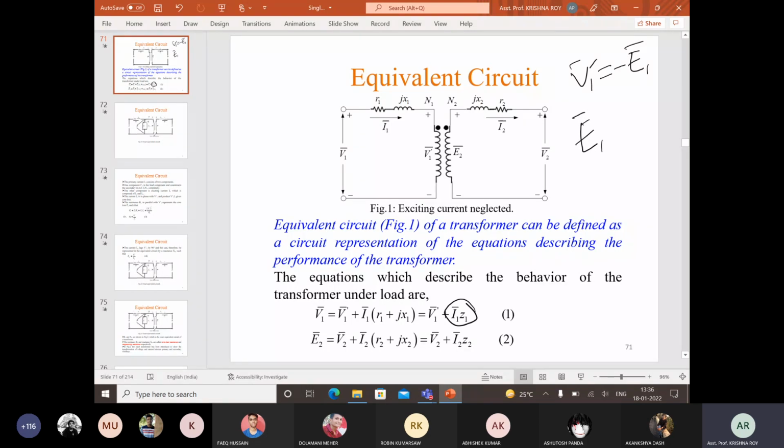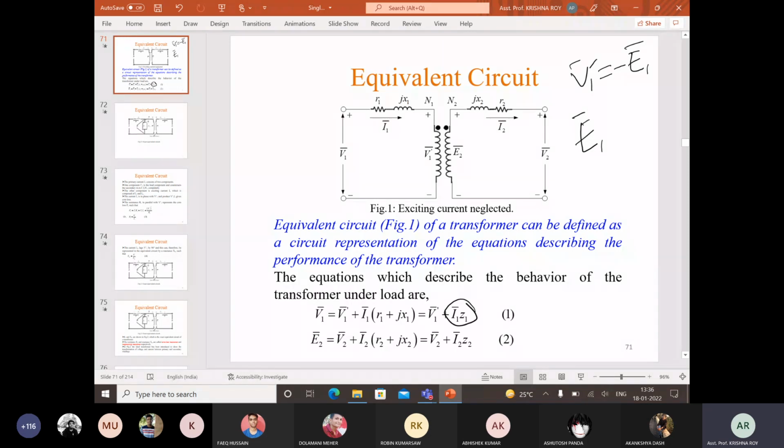Lenz's law, I mean Faraday's law of electromagnetic induction with the proper polarity. According to Faraday's law, when there is some change in flux linkage, there will be some induced EMF, and from Lenz's law we get the direction of that induced EMF.